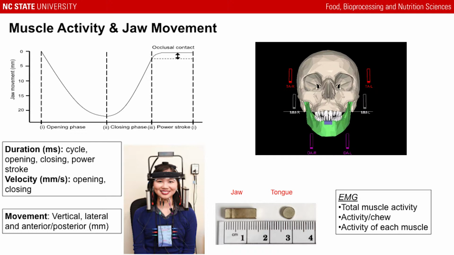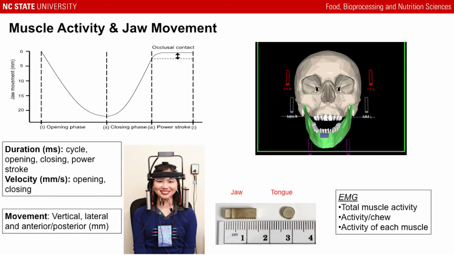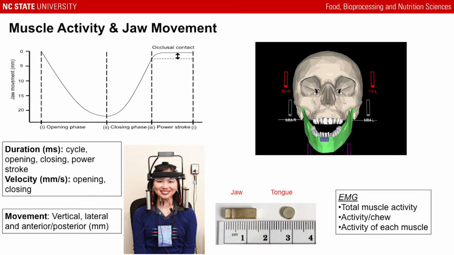So that's where we go into oral processing and measuring jaw movement and muscle activity. This is actually chewing of a food, recorded from somebody we wired up. You can see we wire them up with electrodes here for muscle activity, and then we glue a magnet right there onto their lower jaw, so that when they chew, we can trace not only the temporalis and masseter, but the digastric muscle, which is down here.